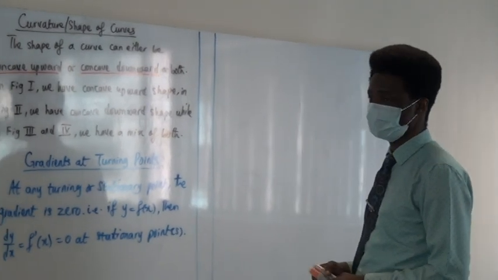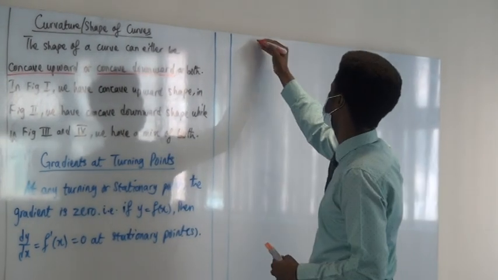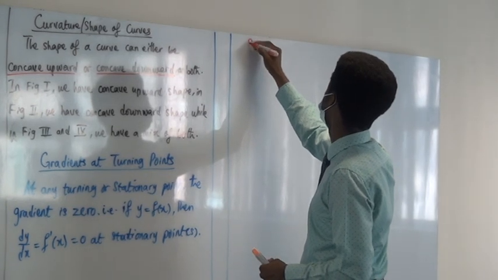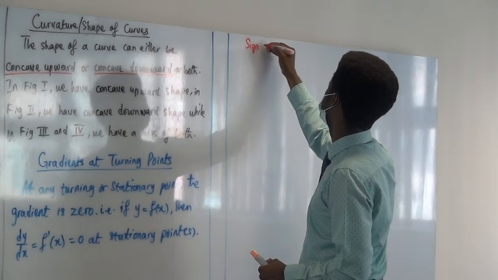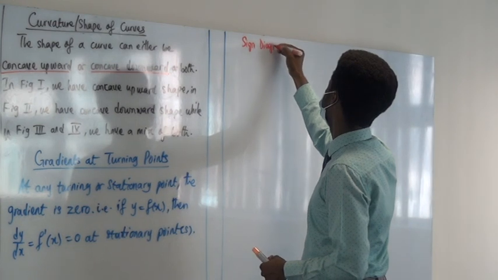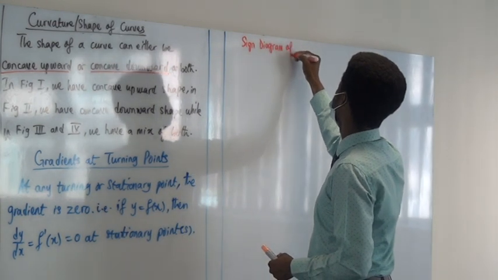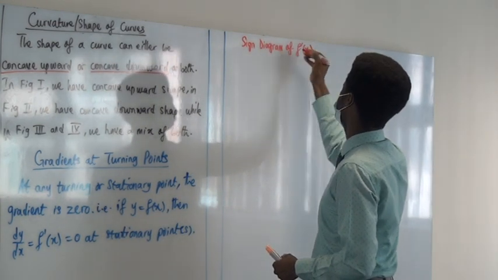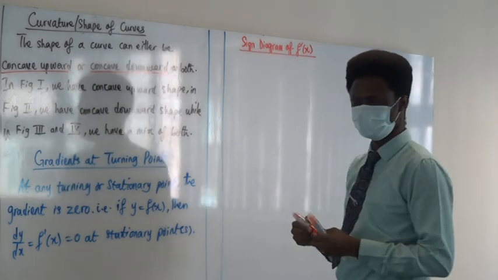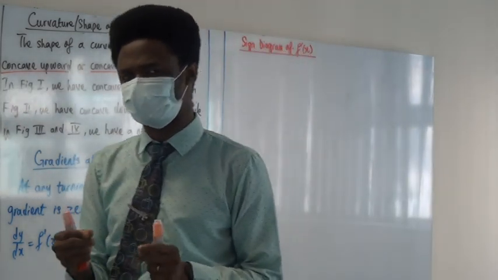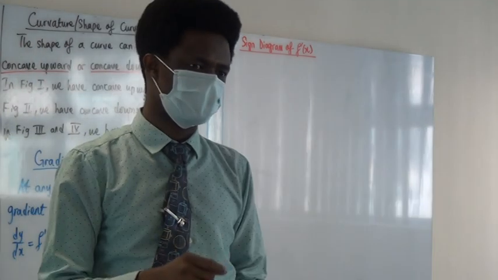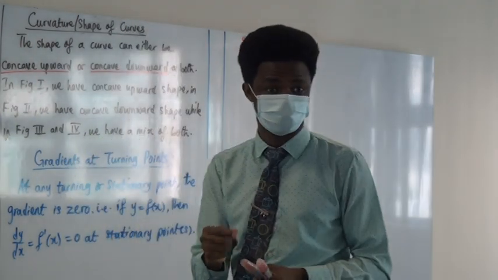Okay, let's look at it this way. Sign diagram of the first derivative. What does f prime of x represent? The gradient of the tangent to a curve, right?